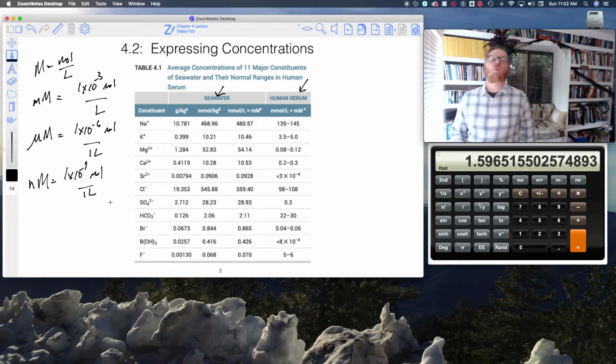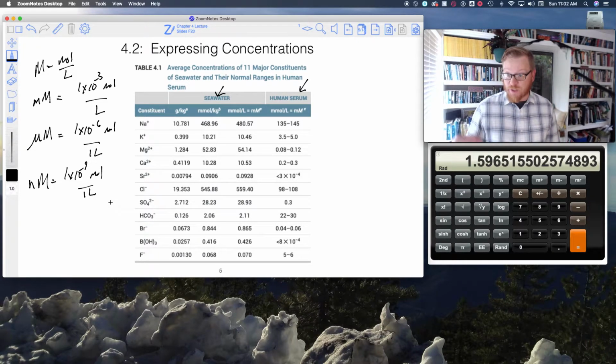So recognize that we can apply our unit analysis to this concept of concentration. And that actually makes things much more useful because look at the concentration. So in seawater, not surprising that sodium is the highest component as well as chloride, right? Seawater is very salty, and it's mostly sodium and chloride, okay?